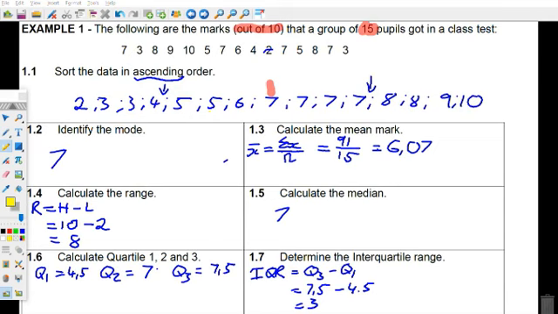It starts with an M. Our Q2 value is also our median. So we found that the 7 here was the median. Now, how many numbers are there? There's 15, so there's an odd number. So our median is going to be an actual number. If it was 14, we'd have to find the middle of it.